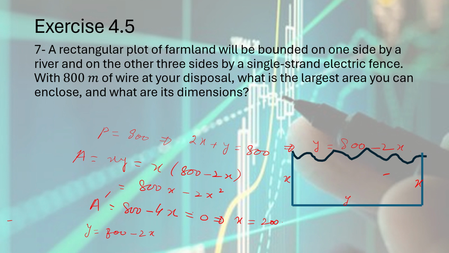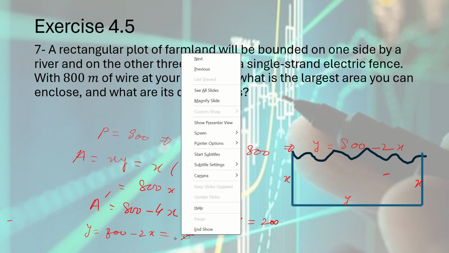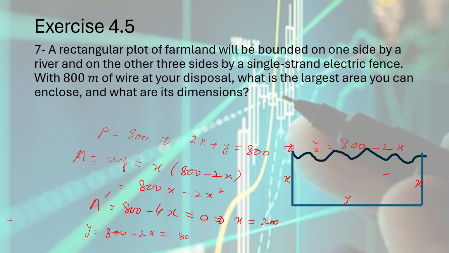So that means 400, because 800 minus 2 multiplied by 200 gives you 400. So that will be 400.